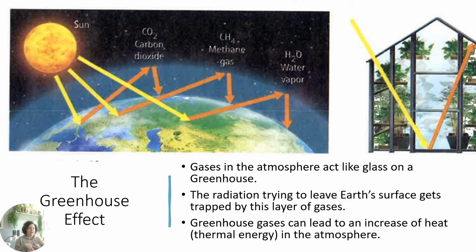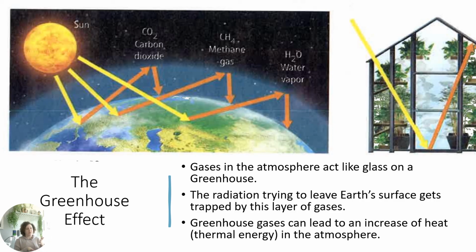Greenhouse gases can lead to an increase in thermal energy in our atmosphere, creating just too much heat. And that's where we start to see things like global warming, where you have longer, hotter months than you do colder months. Things like that.